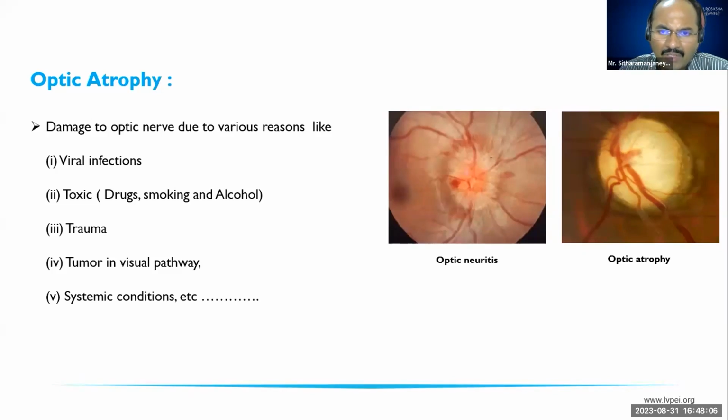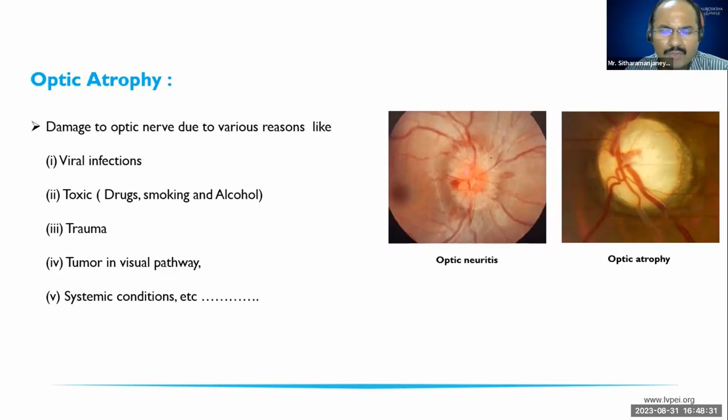Sometimes the patient may have a history of smoking and alcohol for a long time. This also may cause inflammation of the optic nerve. And sometimes your patient will give a history of ocular trauma or road traffic accident. When there is a serious injury to the eye or to the head, that may damage the optic nerve.